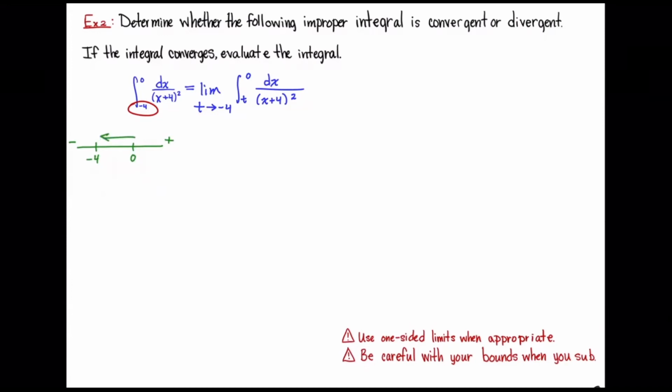There we go. In other words, we're approaching -4 from the right. And the right, that's where all of the positive values are, the right side of the x-axis. And so the notation we use would be t approaching -4, and then we put a little plus sign to the top right of the -4.